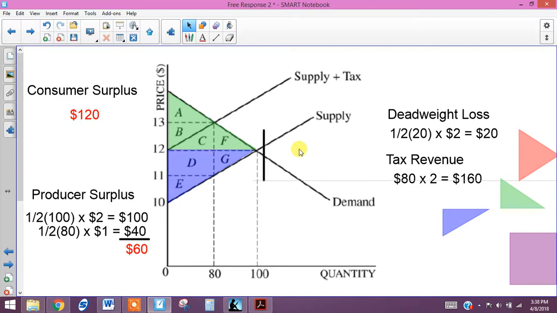And the price only goes up by 1 because of the shape, or the elasticity, of the demand curve, right?